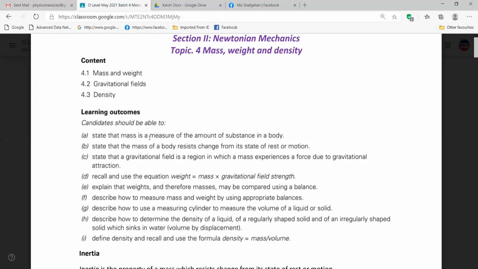So we are bringing another definition for mass. Like you have 5 kg of iron block, right? And you also have 20 kg of iron block.